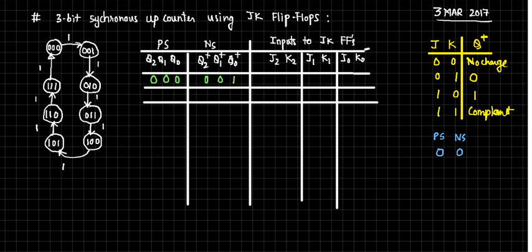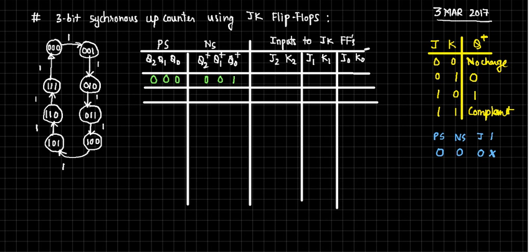So what are the JKs required? If present state is 0, next state should also be 0. There are two possibilities: you can either give 0, 0 or 0, 1. That means I will write it as 0X. You don't care what this bit is, compulsorily it should be 0 at the input.